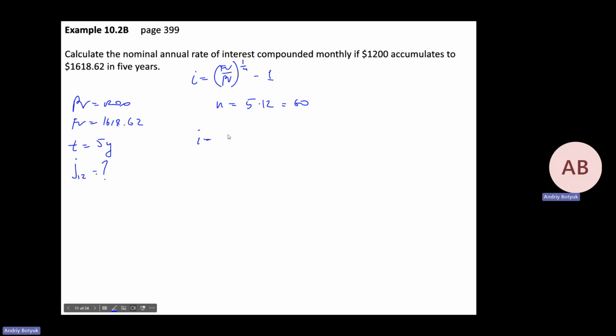So I take 1862 divided by 1200, to the power 1 over 60. Now, if you want to calculate that separately, right? So that's why I offer you to follow my way and you will have less trouble. Minus 1. So I is what?